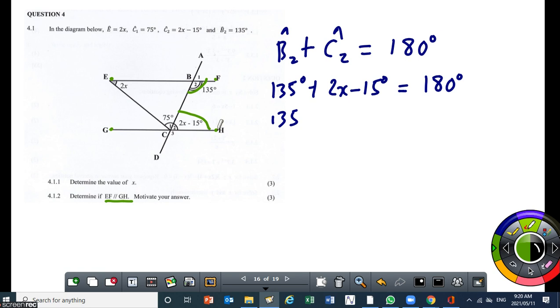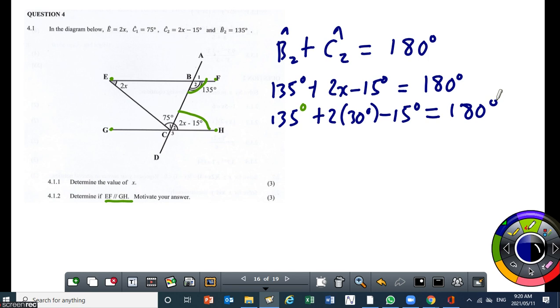Okay, so the next step is to say 135 degrees plus 2 times 30 degrees minus 15 degrees is equal to 180. So this gives us 135 plus 60 degrees minus 15 degrees. I hope this is equal to 180. Then you get 195. 195 minus 15 will give me 180 degrees.